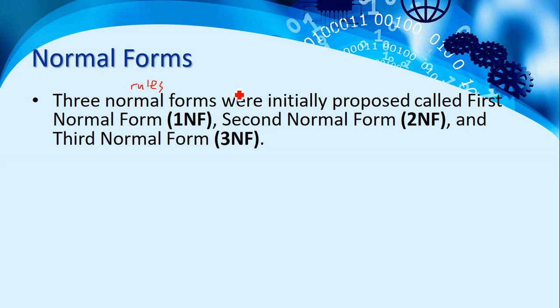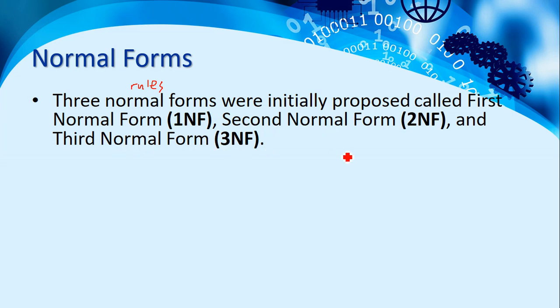So as mentioned here, 3 normal forms were initially proposed. The first 3 are the following: first normal form, second normal form, and third normal form. So ito yung abbreviation niya, shortcut: 1NF for first normal form, 2NF for second normal form, and then 3NF for third normal form.